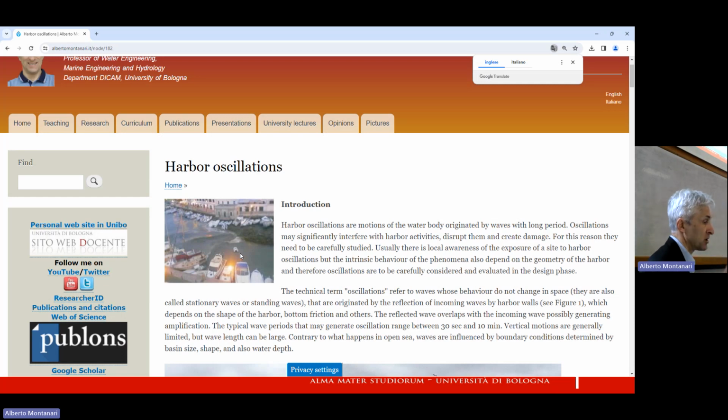For instance, if you consider the pendulum, let's look at the blackboard. The pendulum is the classical example of physics, where you have a mass m, which is hanging through a wire from a fixed point.